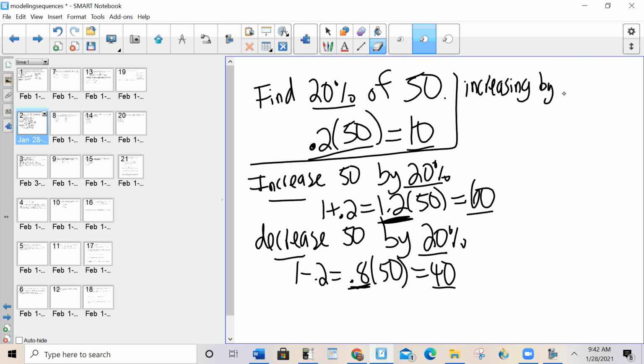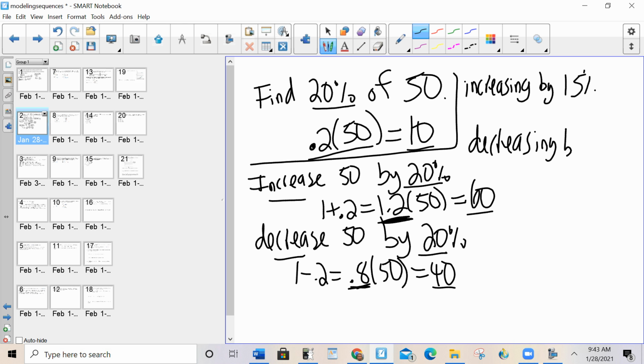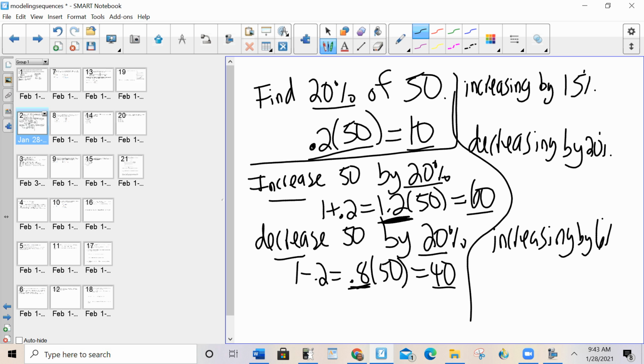Increasing by 15%, decreasing by 20%, increasing by 6%, decreasing by 5%.